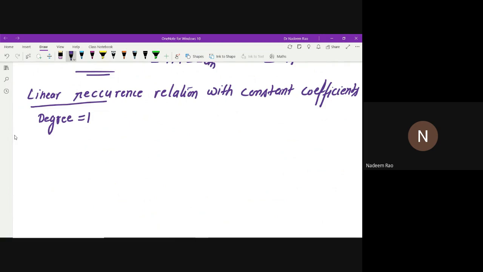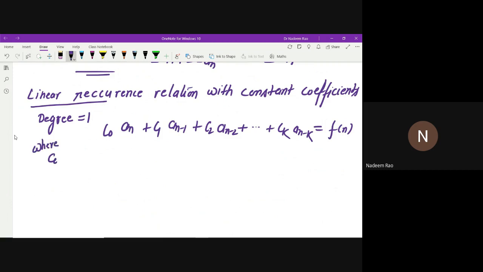And generally it is of the form c_0 a_n plus c_1 a_{n-1} plus c_2 a_{n-2} plus dot dot dot plus c_k a_{n-k} equals f(n), where c_i, for i greater than or equal to 0 and less than or equal to k, is a constant and f(n) is a function.